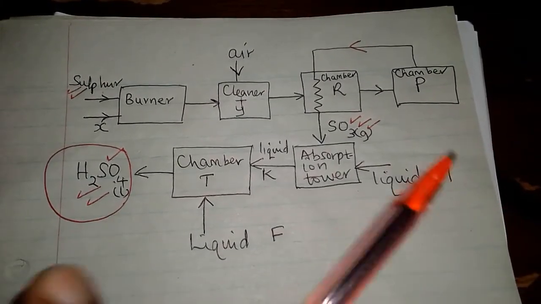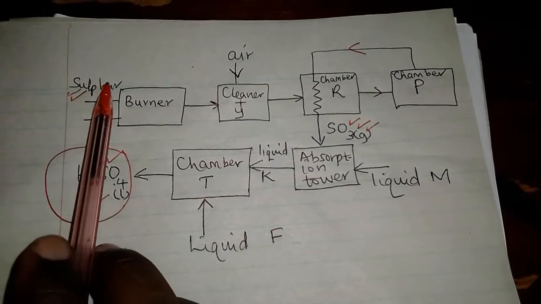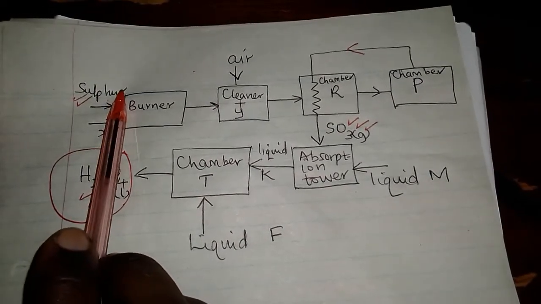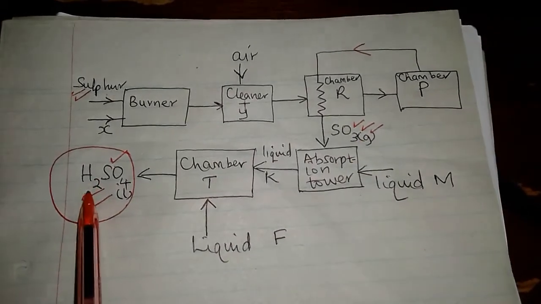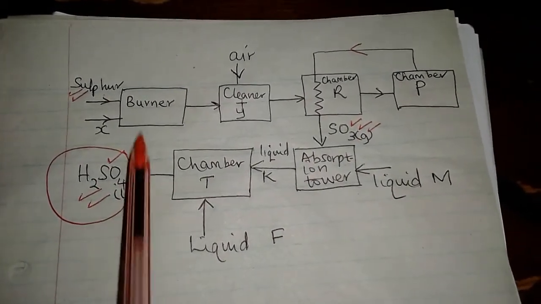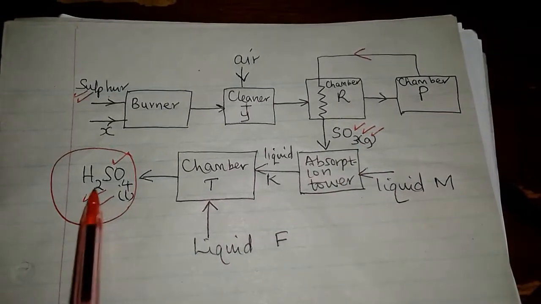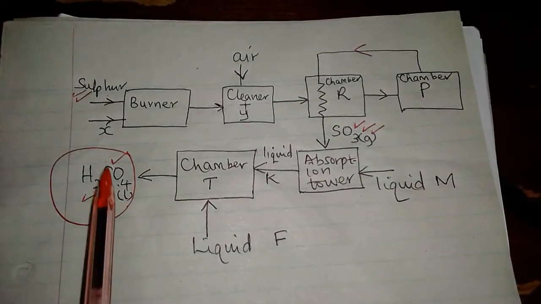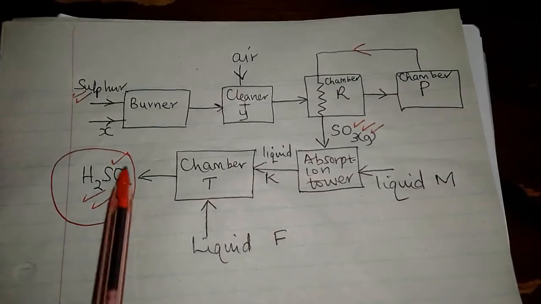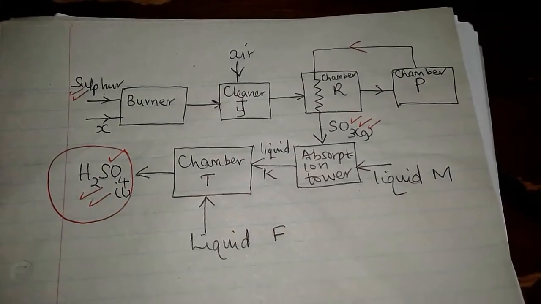If I have sulfur here, then I have the SO3 here, and I have the H2SO4. Those three clearly show me that this must be a topic which revolves around sulfur and its compounds.